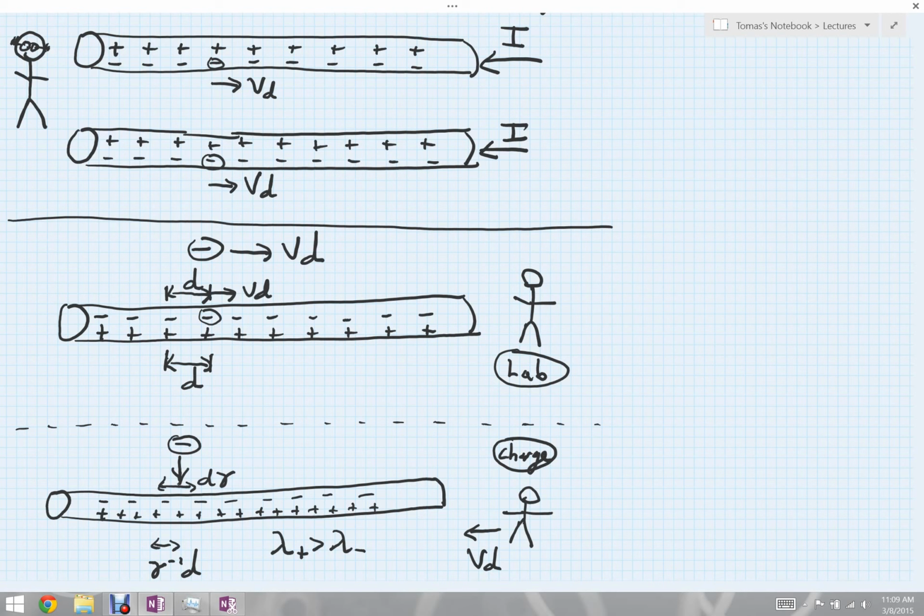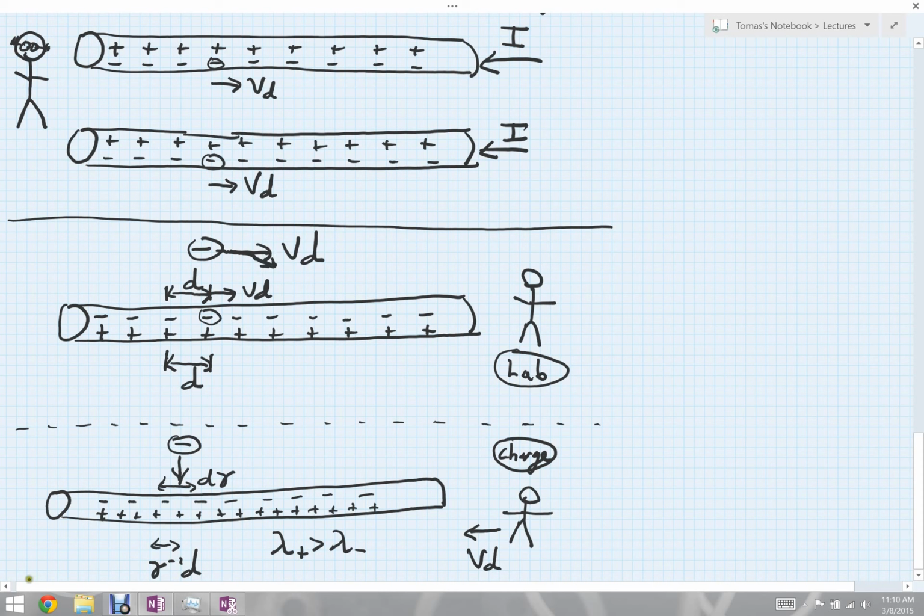What that means in the laboratory frame, of course, is that this minus charge, instead of going just straight off at constant velocity Vd, is going to want to begin to curve downward and is moving precisely as though he was experiencing some extra additional force in this system.